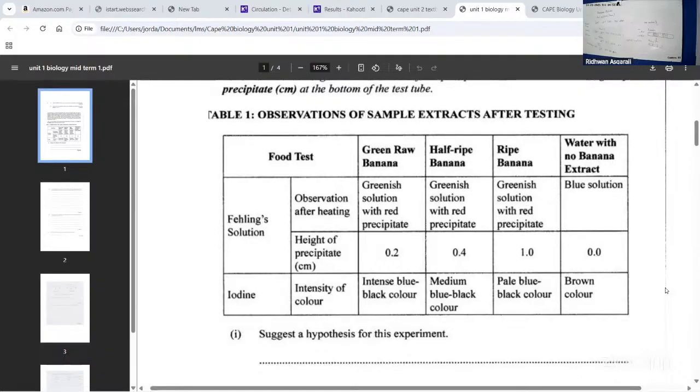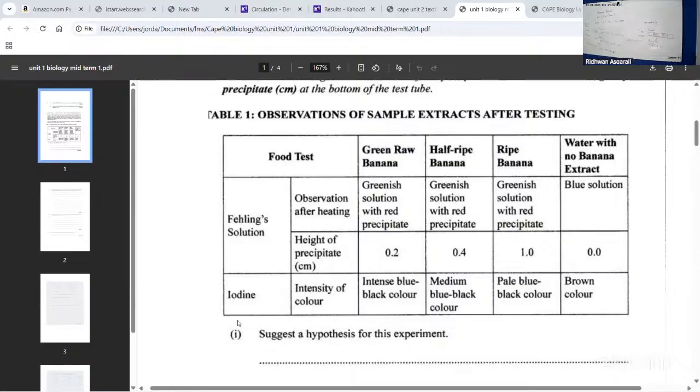Start by stating which has the highest reducing sugar content and which has the highest starch content, and then vice versa: lowest reducing sugar content, lowest starch content. So which one has the highest starch content? Green. It would be the raw one.